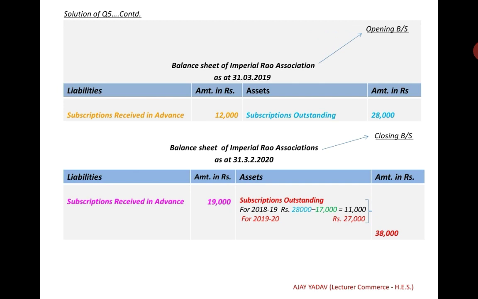In the beginning of the year 2018-19 the amount was 28,000 and we received 17,000 in the current year, so 11,000 rupees is still outstanding for 2018-19, and for 2019-20 it comes to 27,000. So the total amount still outstanding as at 31st March 2020 is 38,000.